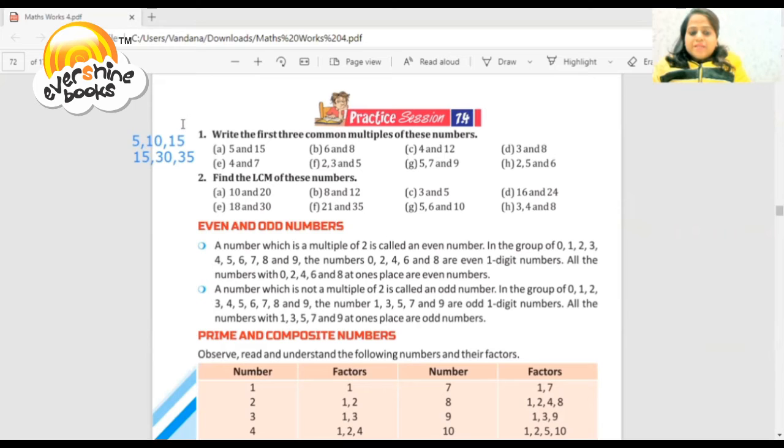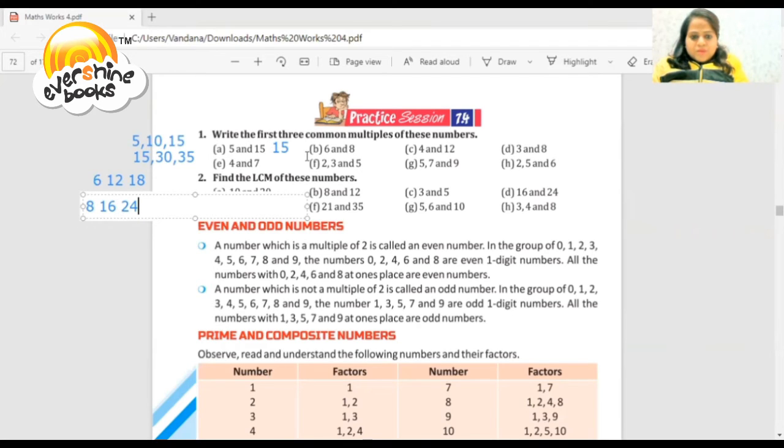So you have to write the answer 15 here because it is a common multiple. Now 6 and 8. For 6, you have to write 6, 12, 18. And for number 8, you have to write 8, 16, 24. So there is no common multiple of these numbers. Okay.